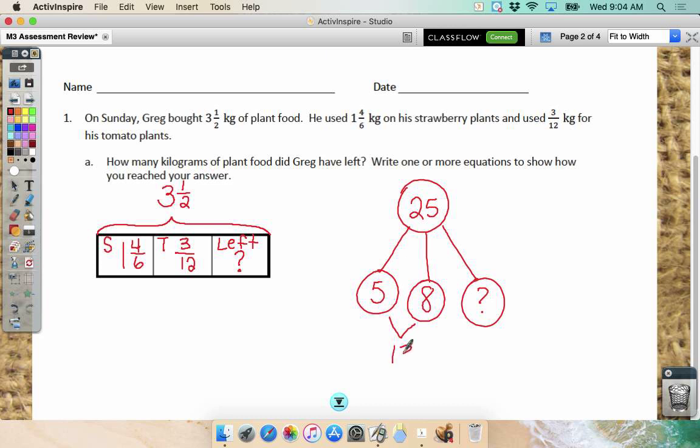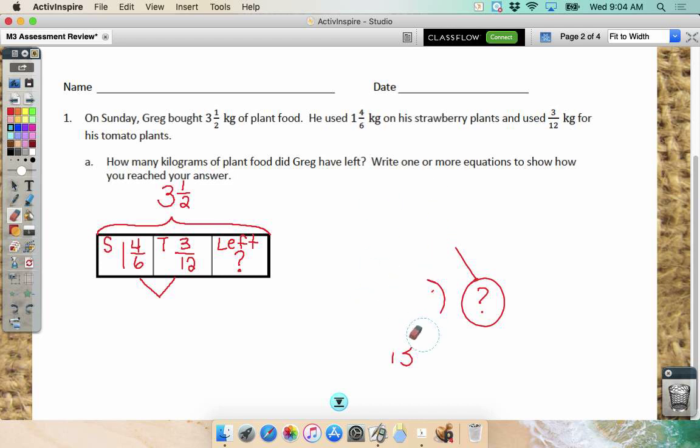I add 5 plus 8 together first, correct? So what do you think we're going to do on the tape diagram? Add 5 plus 8, add the fractions. Okay? So this is a 2-step problem because we're going to have to subtract after to figure out how much is left. So what am I adding together? 1 4/6 and 3/12.